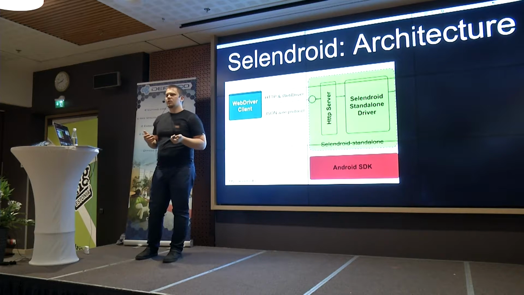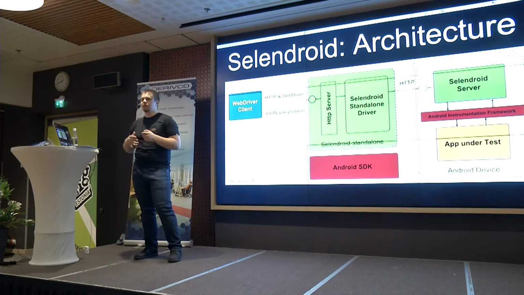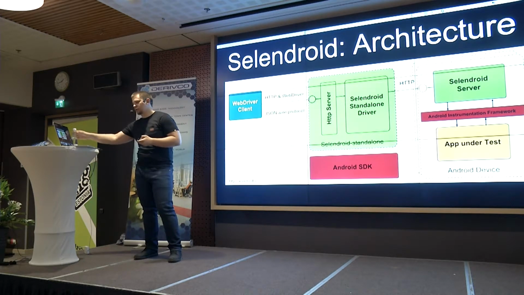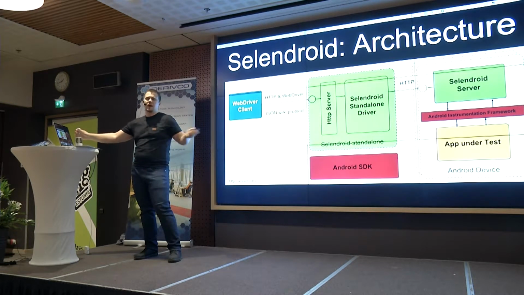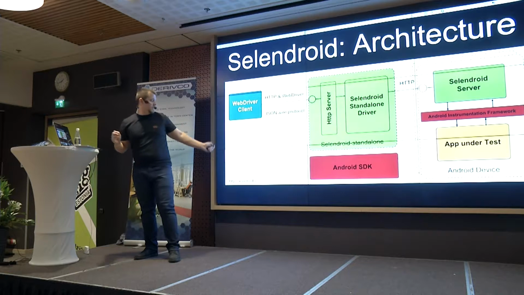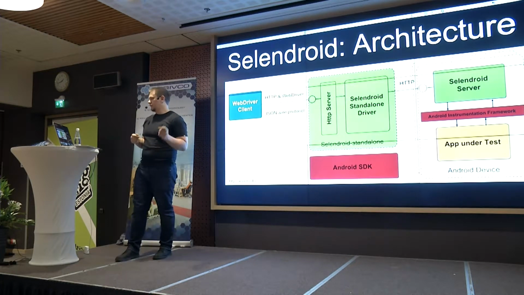So it has its own drivers for Selendroid, and ultimately, similar to how Selenium WebDriver would look, you have the bindings to the app under test as well. So that's basically the gist of it. If you've ever seen the diagram for the WebDriver, it would be very similar to this. This is from Selendroid.io, so you can always go to their website for reference.